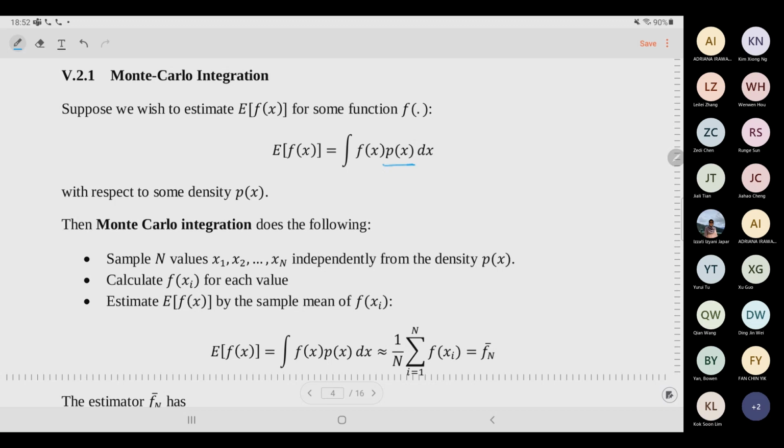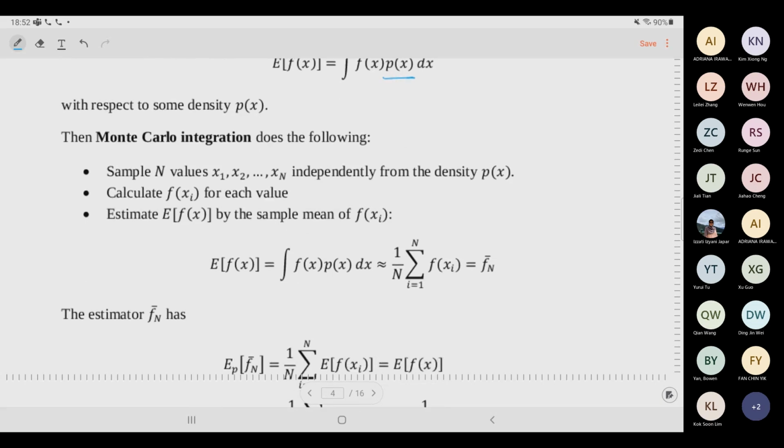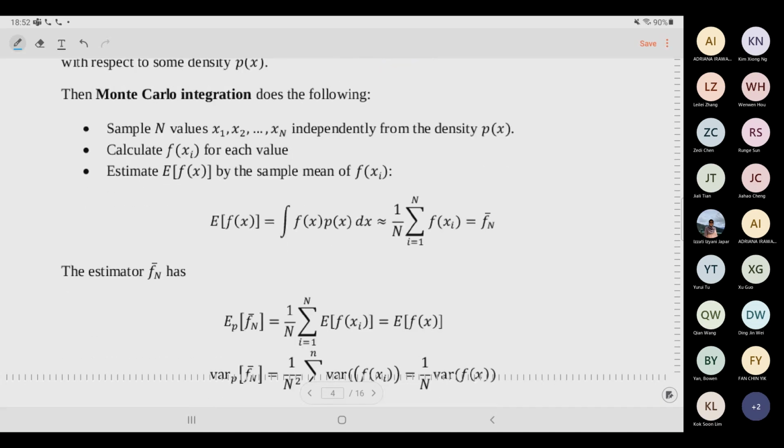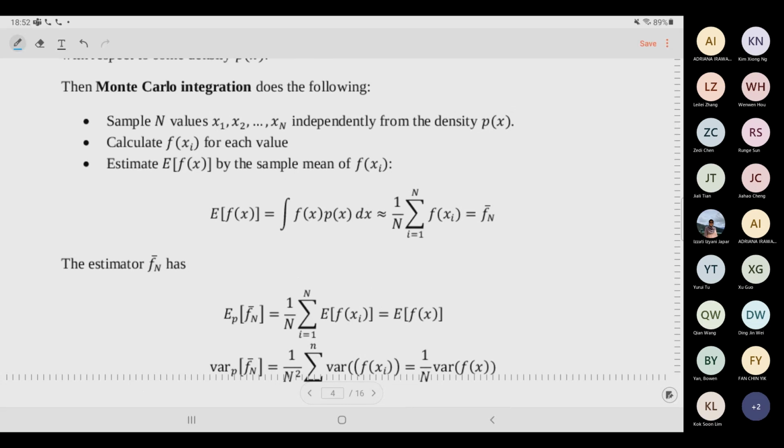If you use Monte Carlo sampling, the estimator is the average. This is called the Monte Carlo sample average method, because you're using the average of the sample.